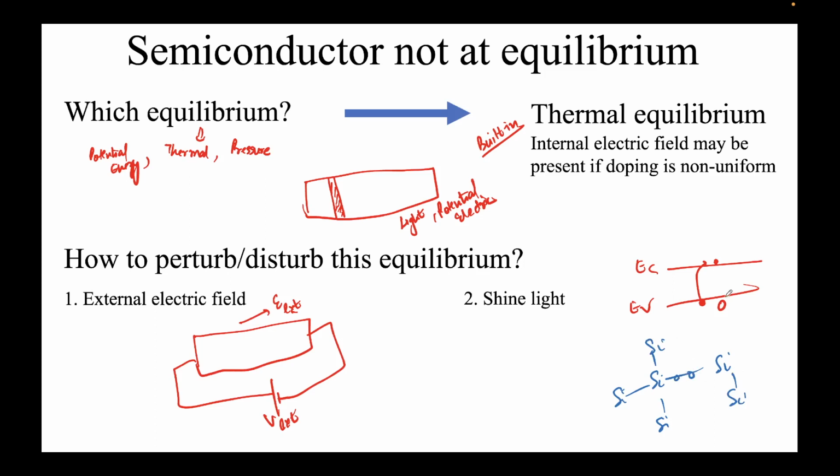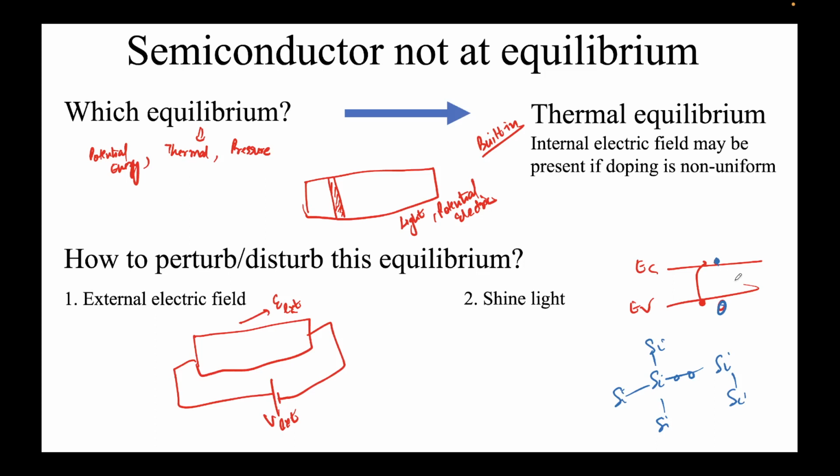So it's going to happen in addition to whatever the thermal concentration of electrons or holes there is, depending on the temperature. You are deliberately creating one more hole and one more electron. So that will add to your existing thermal electrons and holes. So I'm deliberately disturbing this equilibrium.